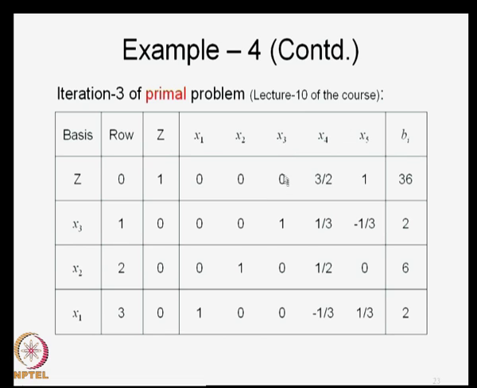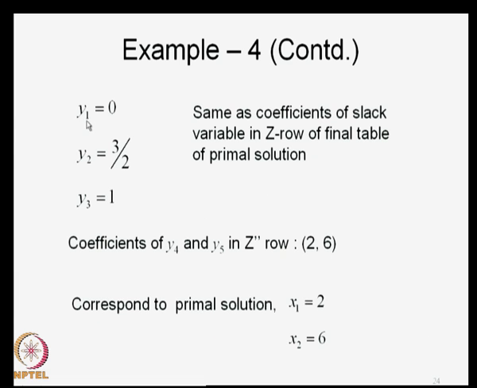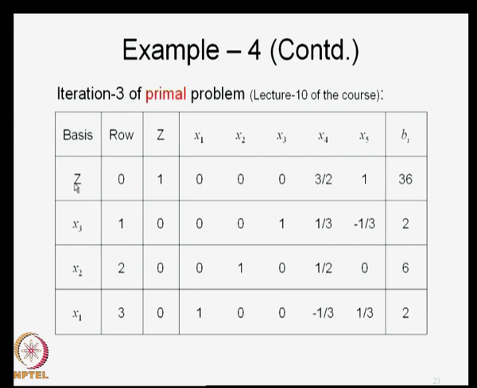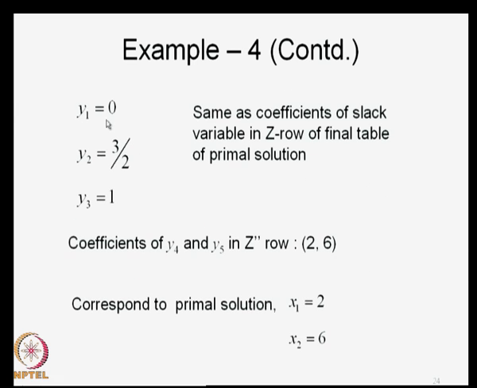What is the slack variable x 3? X 3 was associated with the constraint, and the dual variable associated with that constraint was y 1. So, the coefficient in the z row of the final tableau of the primal solution, which is 0, gives me the solution for the dual variable y 1 is equal to 0.